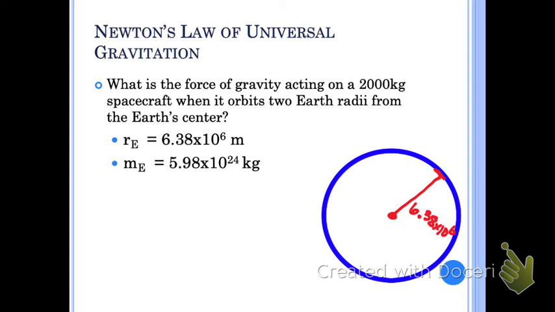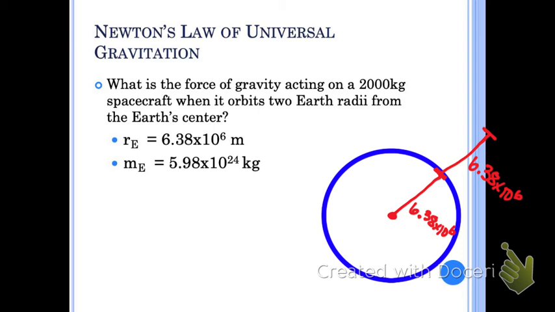Okay, so the radius of the Earth is something that I think you should have down. I think you should write it on your equation sheet. It'll be something that I give to you, but we'll use it enough that I think you'll be able to memorize it. But it says that our object is orbiting 2 Earth's radii from the Earth's center. So that distance again is 6.38 times 10 to the 6th.